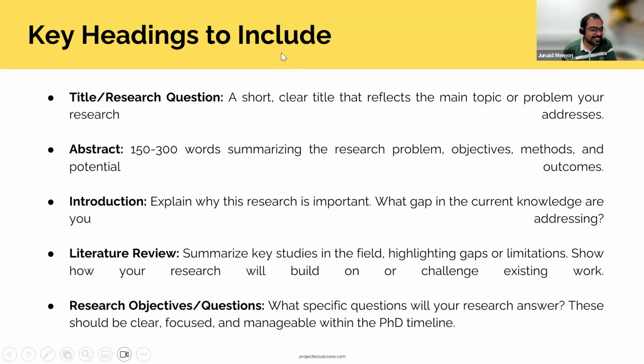Okay, perfect. Thank you. So the first part of the research proposal is a title. A title is usually a very short, clear phrase that reflects the main topic or problem of your research. It should be very concise, very direct, very short.